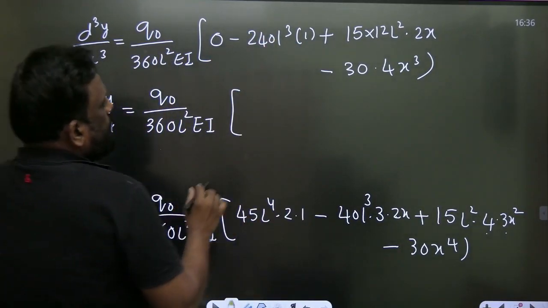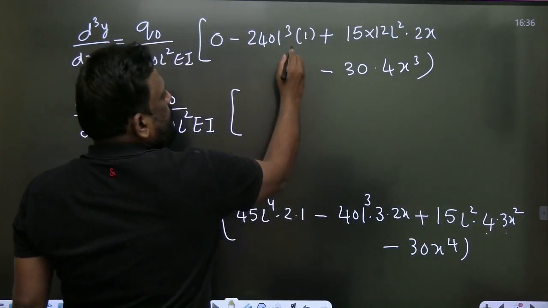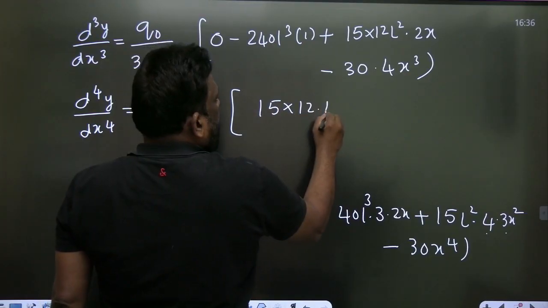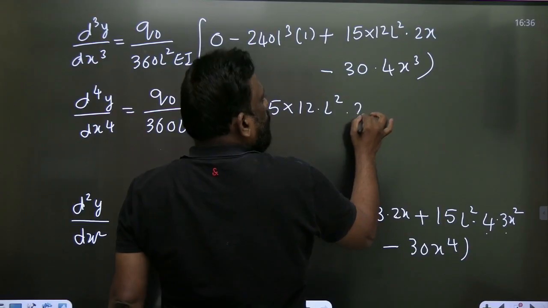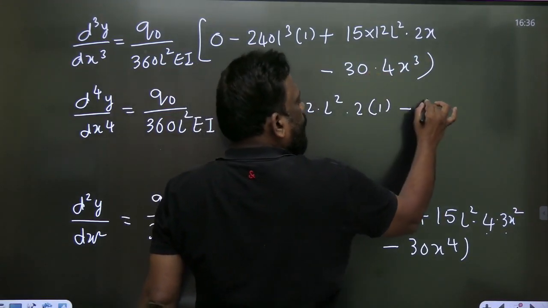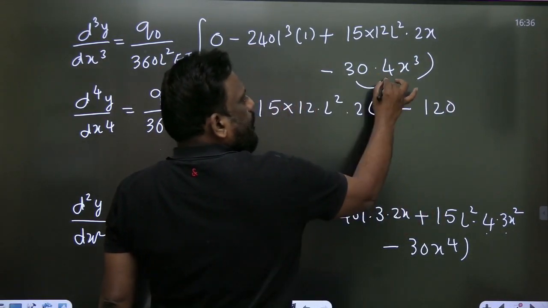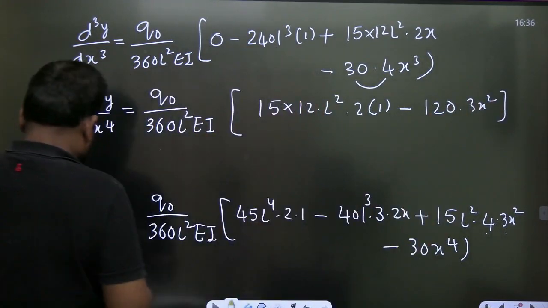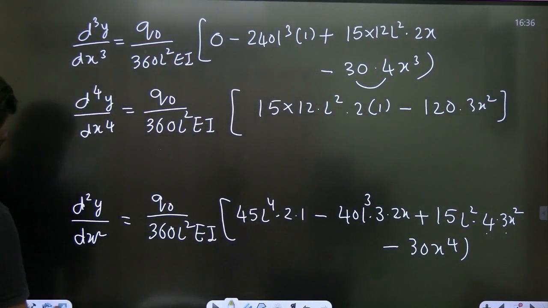Okay, sir. So therefore this will be 0, this also will be 0, so this will be 15 into 12 L square and into 2, differentiation of x is 1, minus 30 into 4 is 120. X cube is 3x square. Excellent, sirs. So let me erase. Very good, sirs.